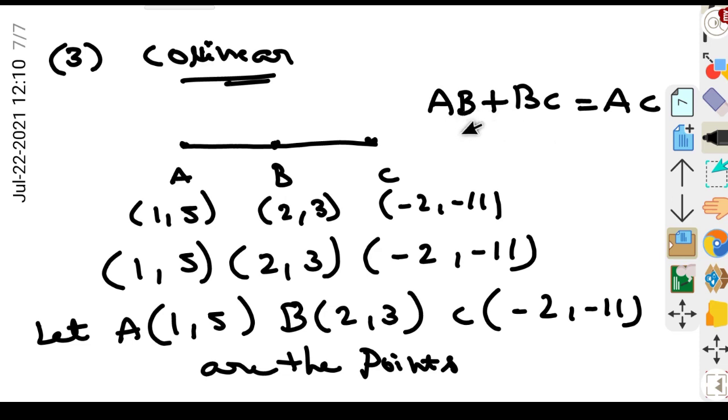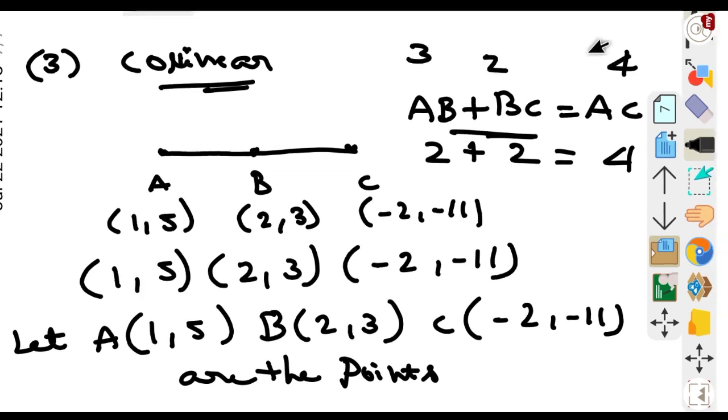For example, if you got AB as 2 and BC also 2, then AC should be equal to 4, because 2 plus 2 is 4. Then we can say that these three coordinate points are collinear points, right? So find the distance between AB using the distance formula and keep the answer, next find the distance between BC and keep the answer, and also find the distance between AC and keep the answer.